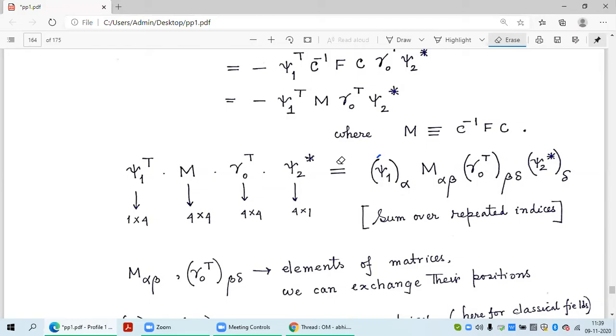Because of that, once we quantize this field and take them as operators, the operators will act on some states which will be particle states. We will see that. Those states are called quanta, like the harmonic oscillator.